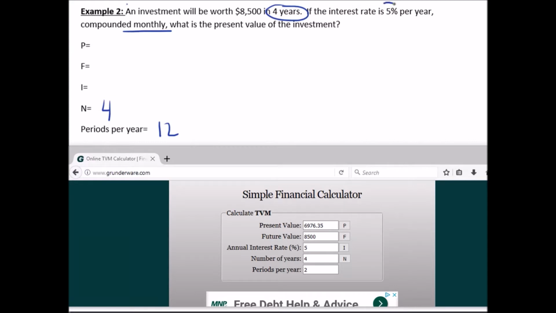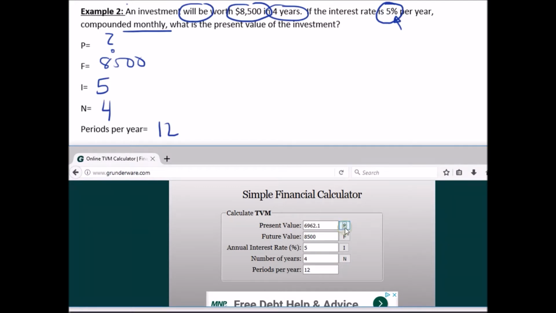The interest rate, very easy to see, it has a percentage sign on it, is 5. Okay, the investment will be worth, will be, that's in the future. Okay, future tense. We don't know what the principal is. So let's go ahead and delete the principal, override this: 8,500, 5, 4, and 12.